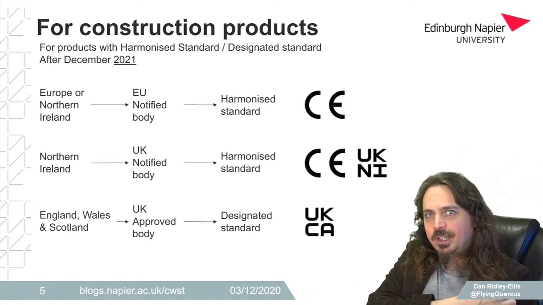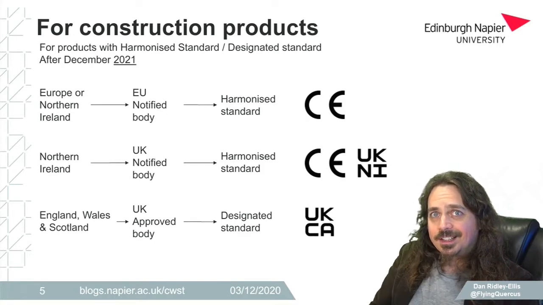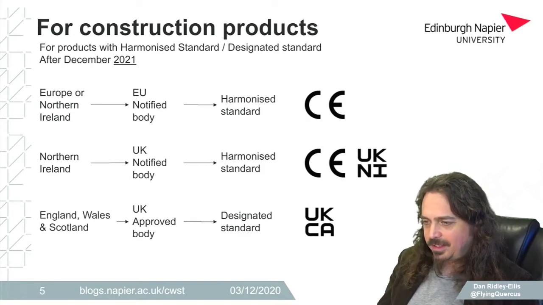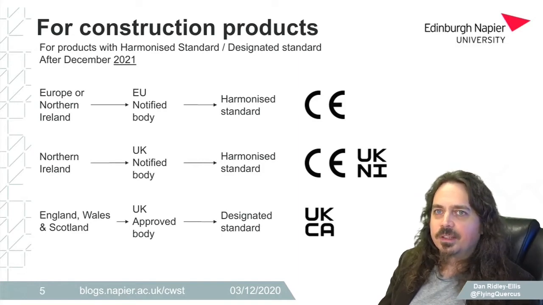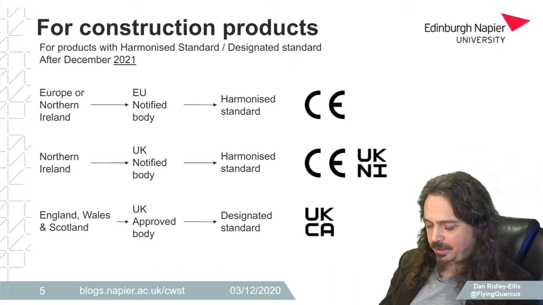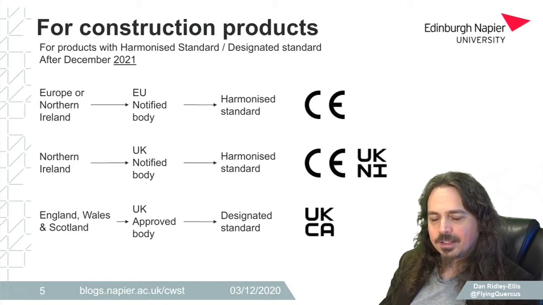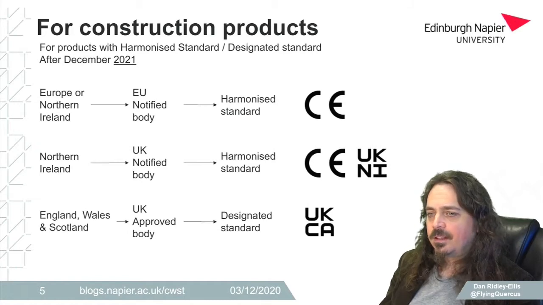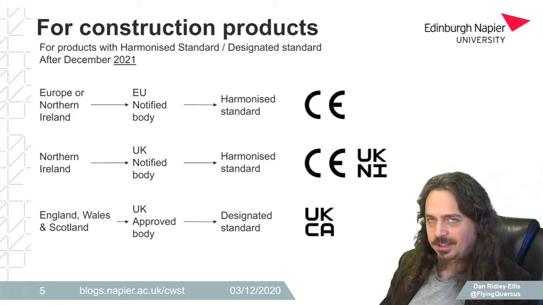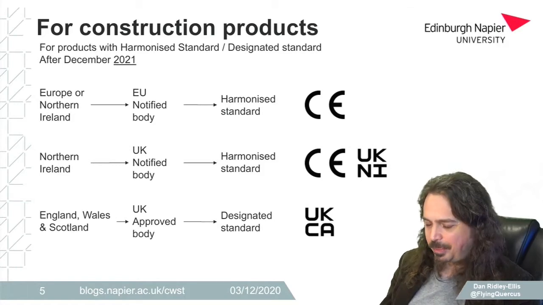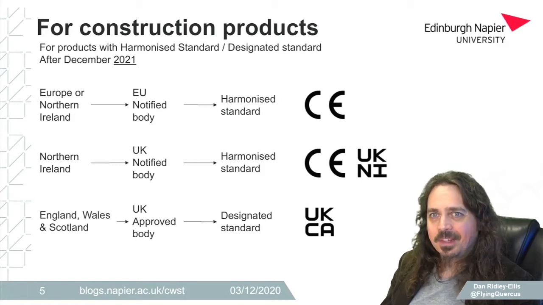But there is potential for this to go wrong accidentally, if not deliberately, with the versions of standards that are declared to be the harmonised one or the designated one. And as I've already explained, the European harmonised standard system is in a real mess already. So not quite sure whether we can copy that mess exactly across into the British system. Let's hope that we can.